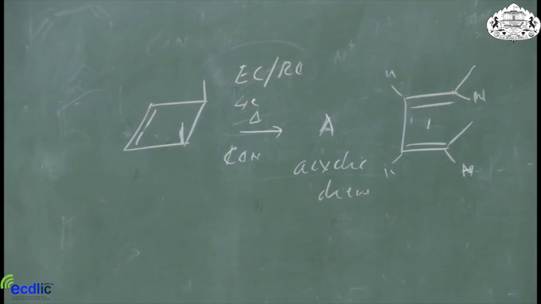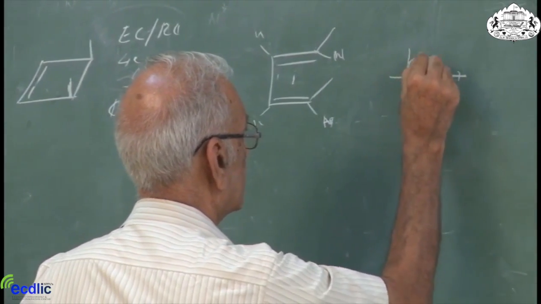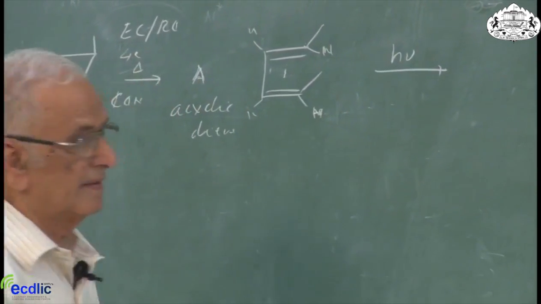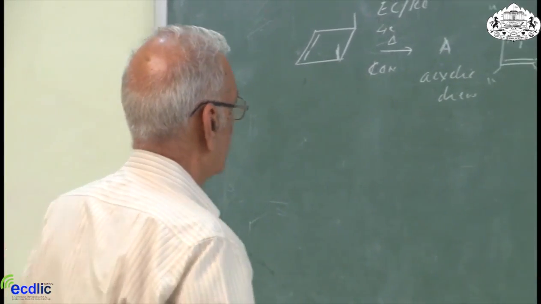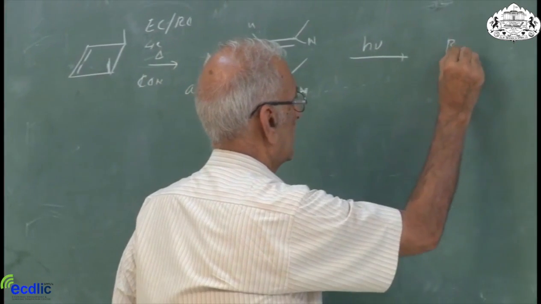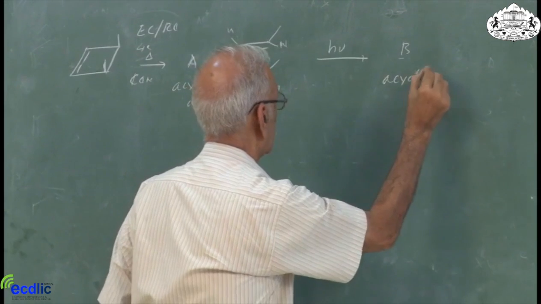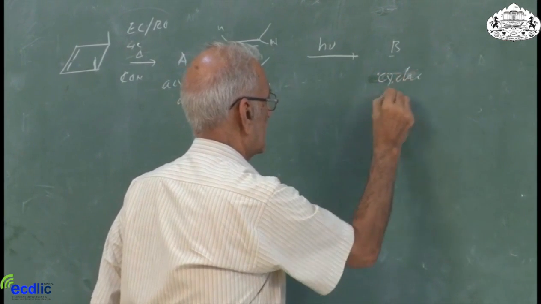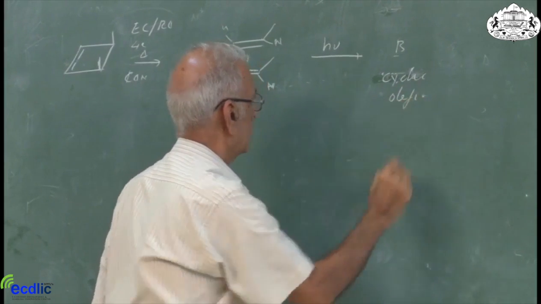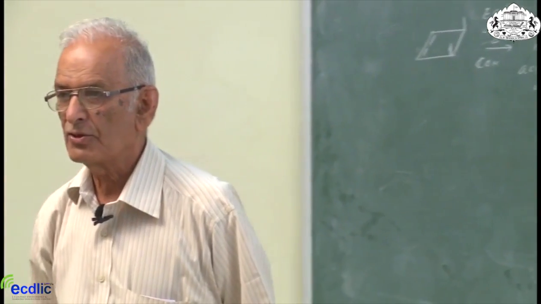Okay. Cyclic olefin. From diene, from 2 double bonds you are going to 1 double bond.